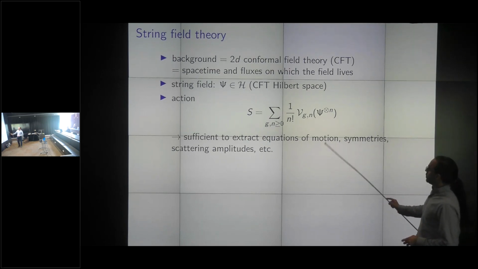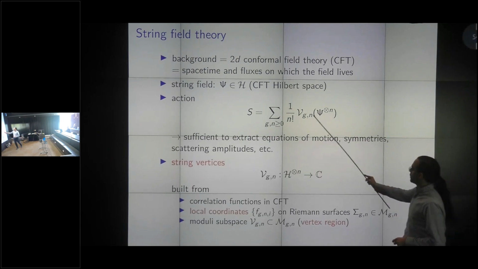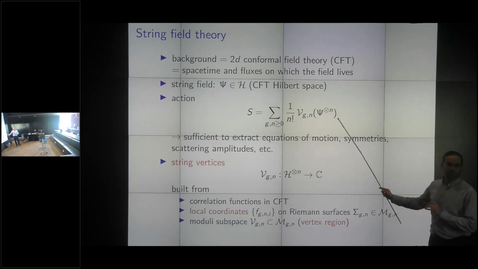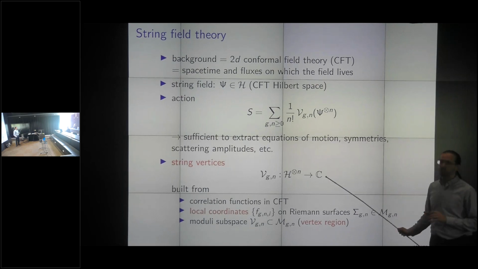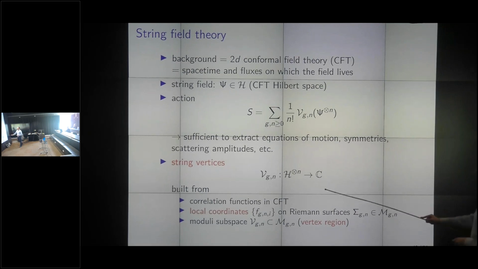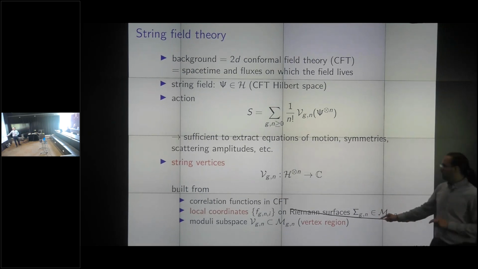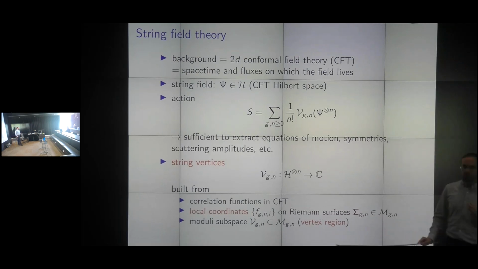It was complicated, but the main point is that here the string vertices, V_{g,n}, are something which takes n copies of the field and gives me a C-number. Without going into the details, to build the string vertices, I need correlation functions in the CFT, which I don't care about in this talk. I need local coordinates on the Riemann surface, which are part of the moduli space.